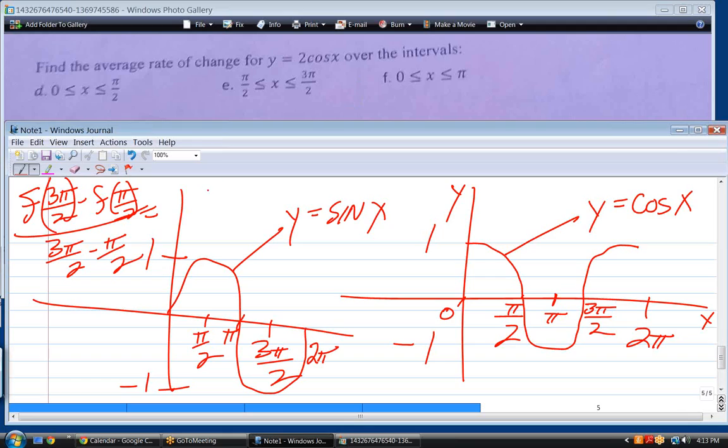We're on the cosine curve. So it's 0. Minus what? What's cosine of pi over 2? 0. Okay. So the numerator is 0, the denominator is not, therefore the average rate of change is 0.